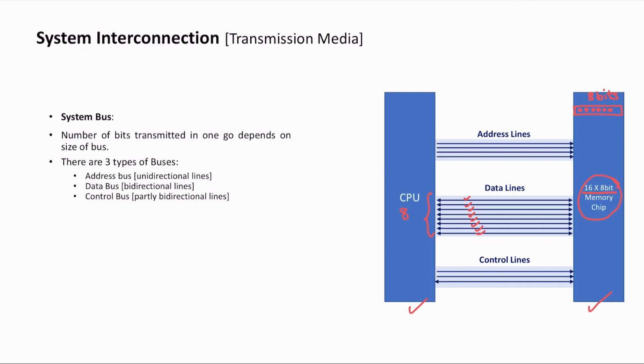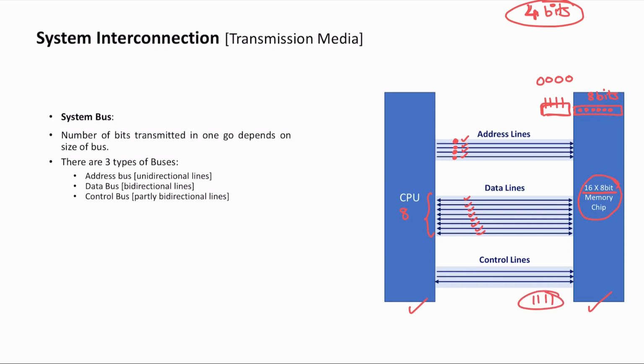And since we have 16 addresses, and we also know that 4 bits are required to represent 16 addresses, therefore the address bits are 4. Here we can see that there are 4 lines, because each address will be comprised of 4 bits, from 0 0 0 0 to 1 1 1 1.